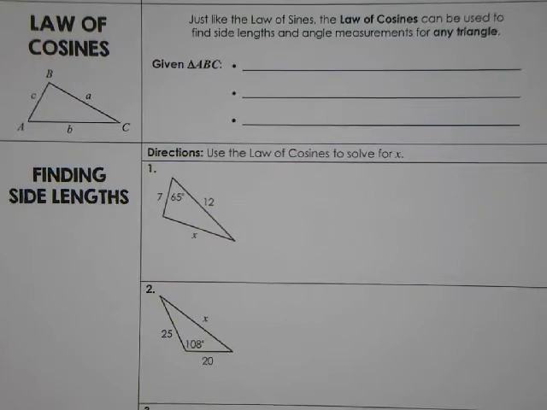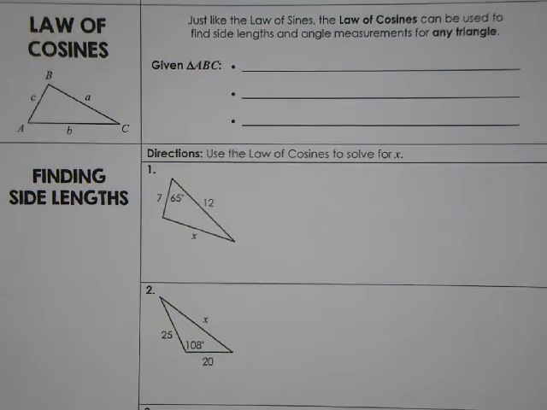So first of all, what combination of parts are we able to use the law of cosines with? As we saw in my previous video for law of sines, we were able to use the angle-side-angle combination, the angle-angle-side combination, and the side-side-angle combination to find the missing sides or angles of a given triangle.